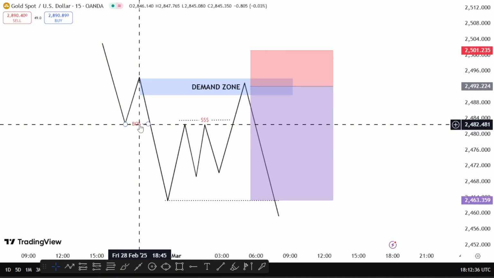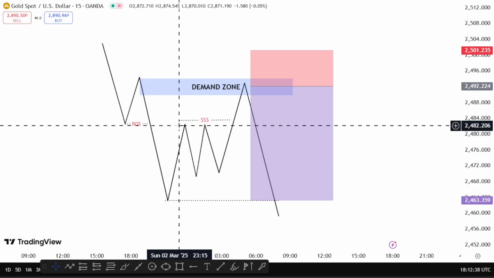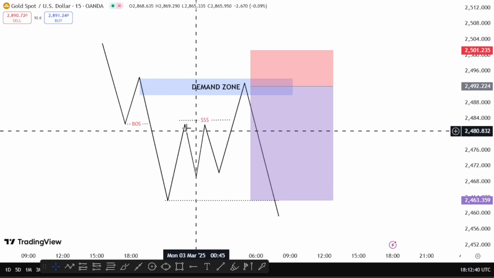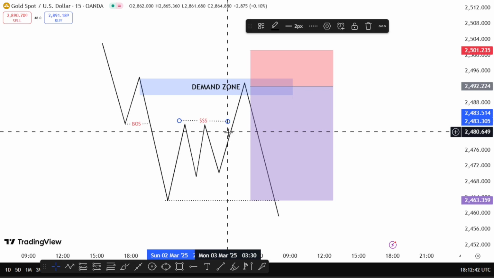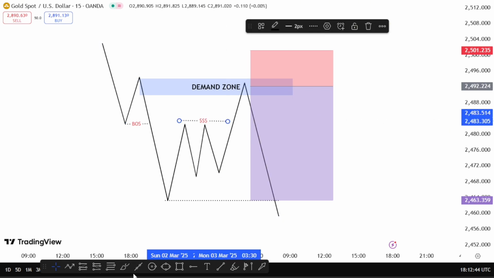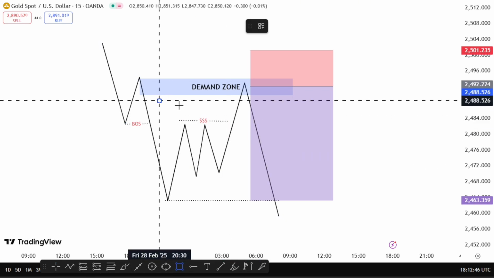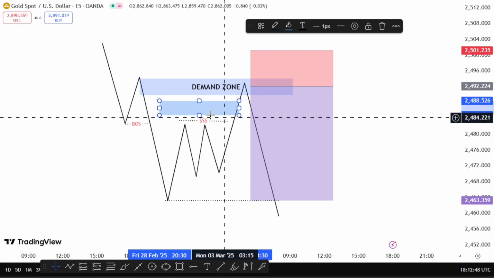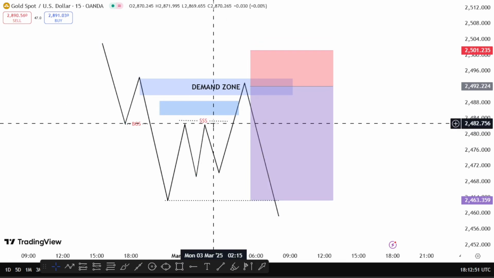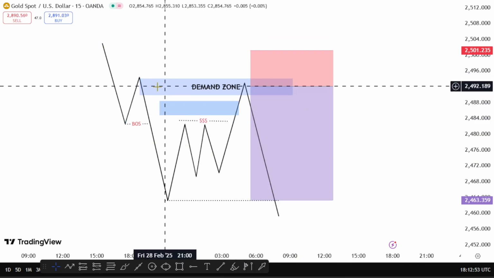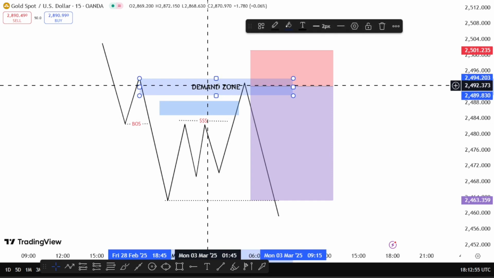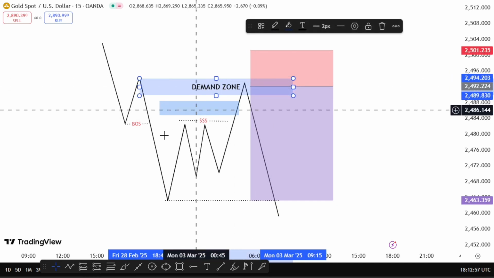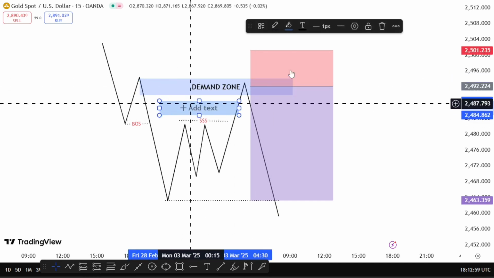You see that the market is breaking structure to the downside, and we have equal lows. Equal lows indicate that there are stop losses resting above, like in this area, there are stop losses resting here. So the market has to sweep the liquidity resting above that area to go to the supply zone before actually selling to the downside.